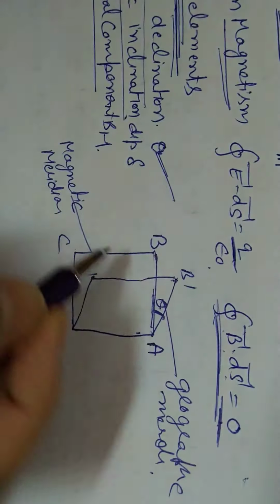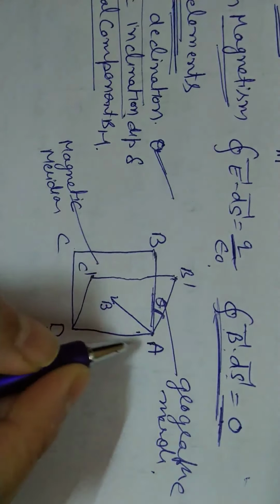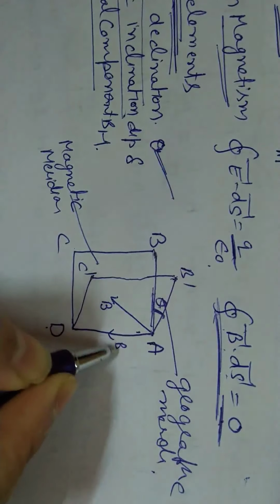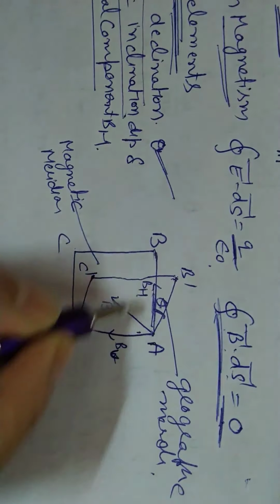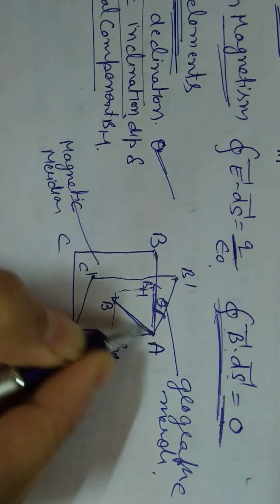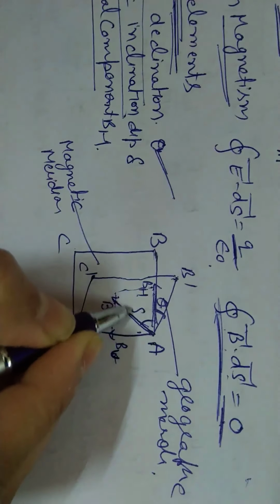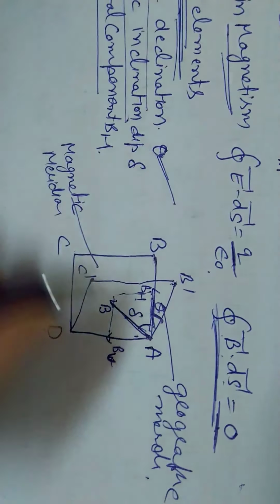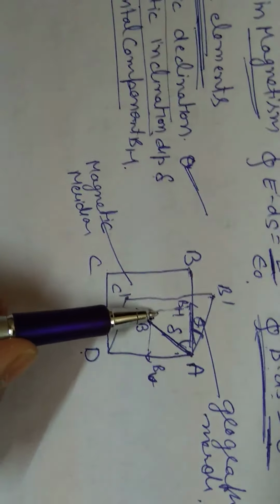And this is the total magnetic field B, this is the vertical component V, and this is the horizontal component H of this total magnetic field. The angle between the total magnetic field and the horizontal component is called dip, that is magnetic inclination or dip.